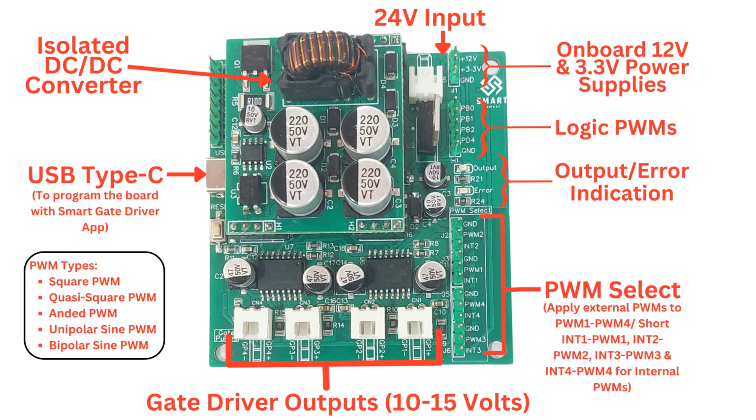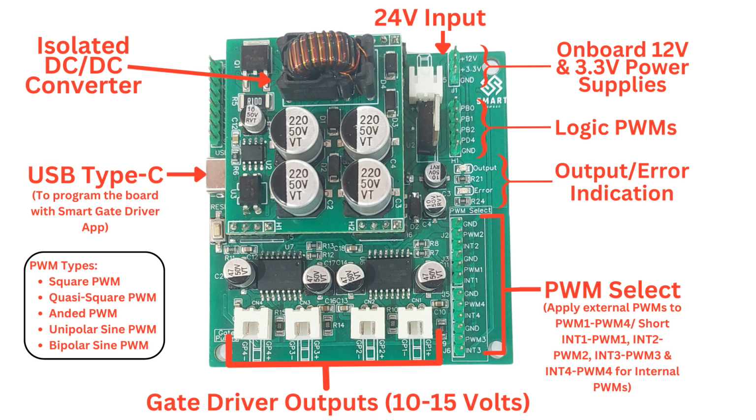Okay, so the connectors CN1 to CN4 generate the four output PWM pulses based on the independent power supplies. The board has the option of four general purpose IOs, PB0 to PB2 and PD4, and these IOs generate 1 Hz, 5 Hz, 10 Hz and 50 Hz logic waveforms.